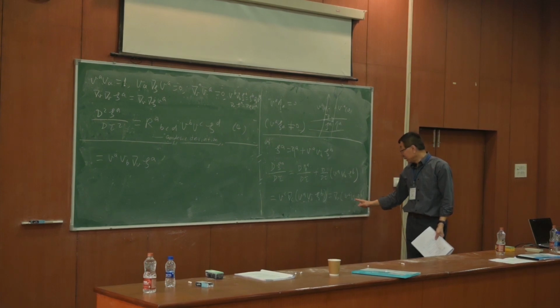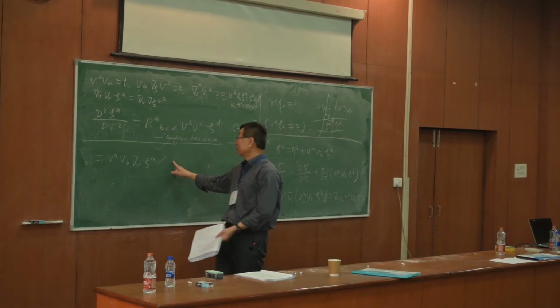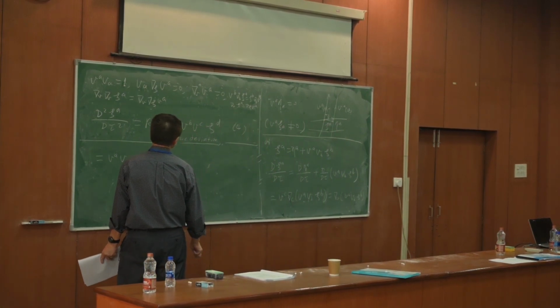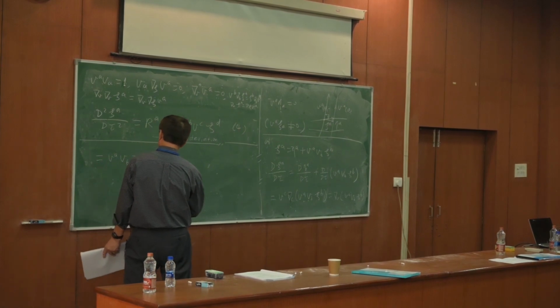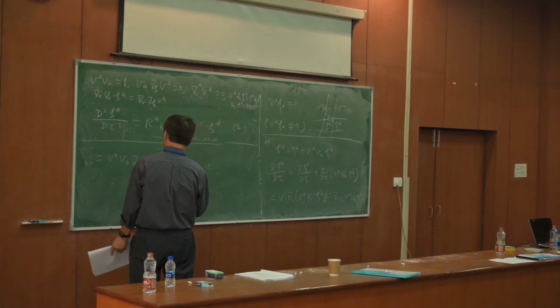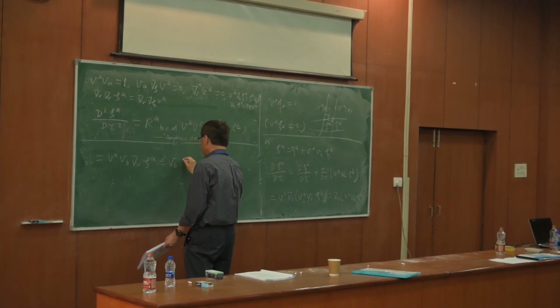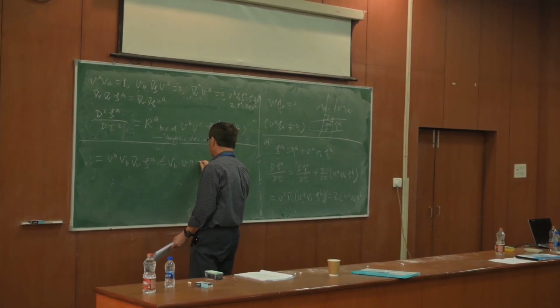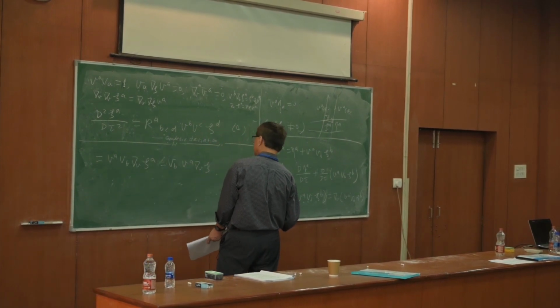Then I have V_B delta V, right? So I have this. So now you can see I'm going to use this guy. V_B, see here, this will be V_B V_A, right?